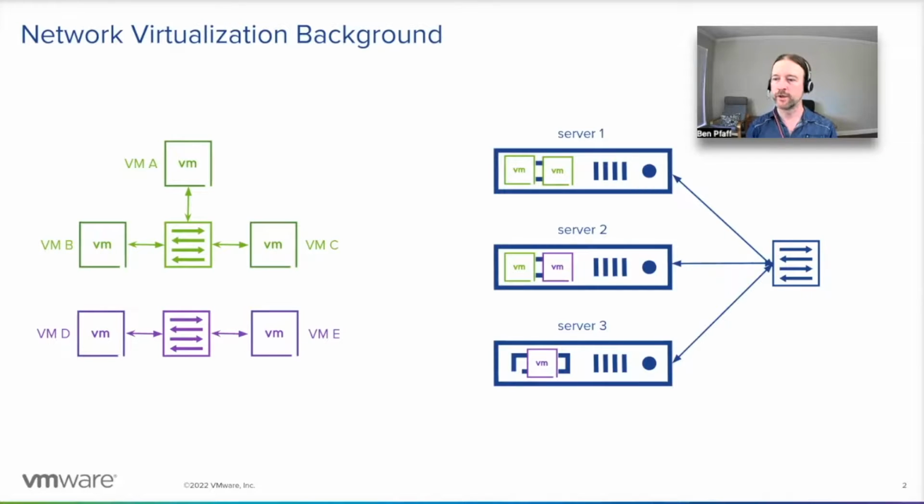In addition, they have separate network namespaces so that they can have overlapping IP addresses and overlapping Ethernet addresses. They're not even aware, and they don't care, that the other virtual machines exist. The network virtualization system makes it work regardless of how the VMs move around in the system.